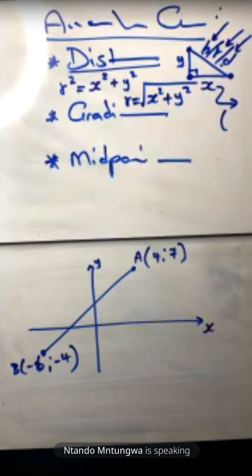So what is the x value at point A? For point A, the x value is 4, y value is 7.